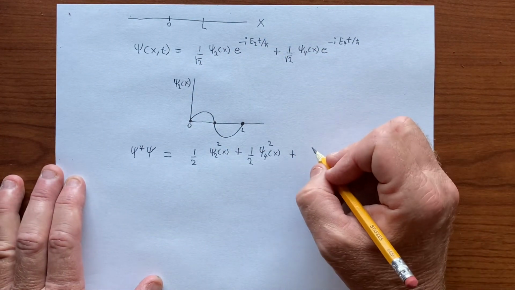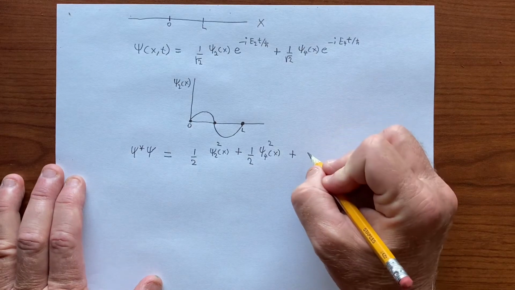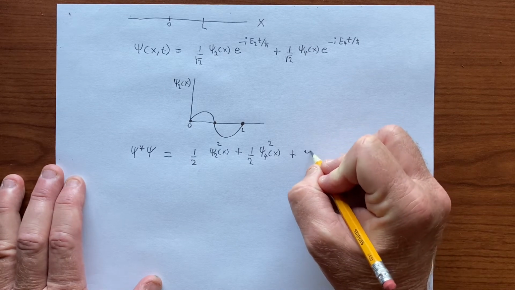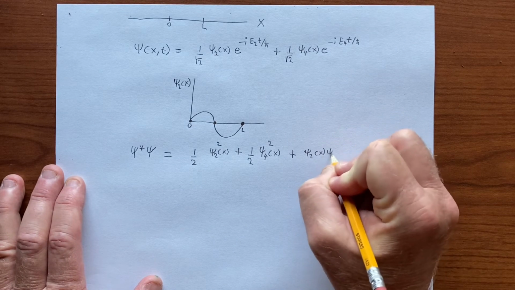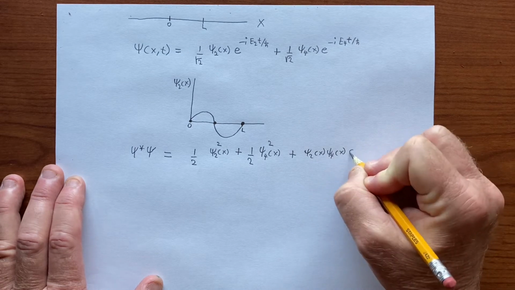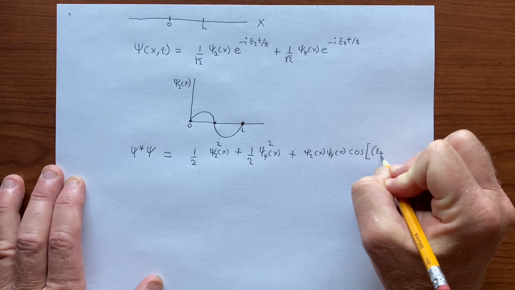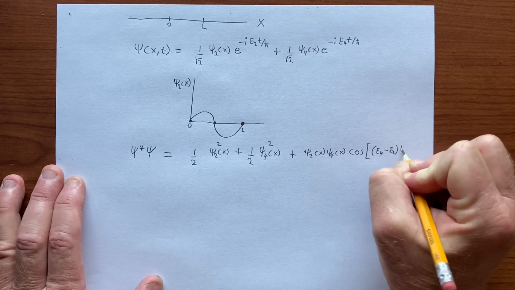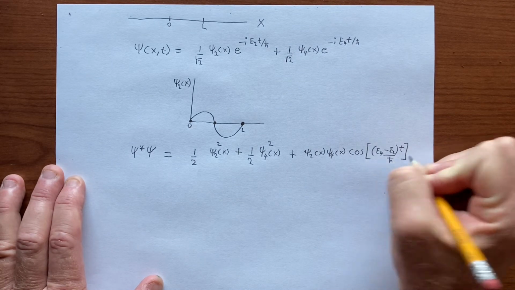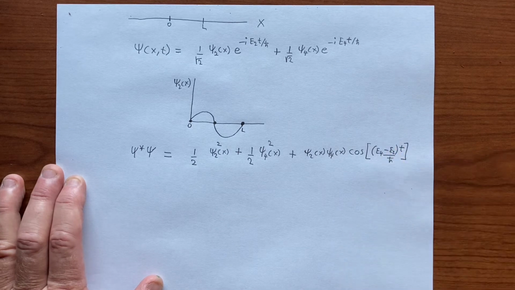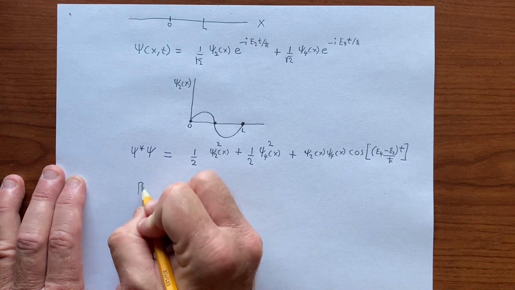So that's twice 1/2, so that's 1, psi 2 of x psi 4 of x cosine of (E4 minus E2) t over h bar. That's the angular frequency. So there's clearly time dependence.